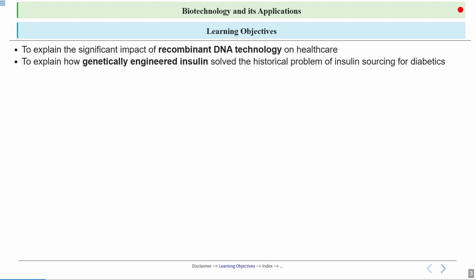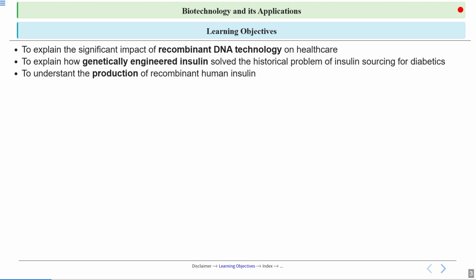We used to get insulin from the pancreas of slaughtered pigs, but there were so many side effects of that. We will talk about what the side effects were. So how genetically engineered insulin came into the picture and changed the whole dynamic, we will see in today's class.